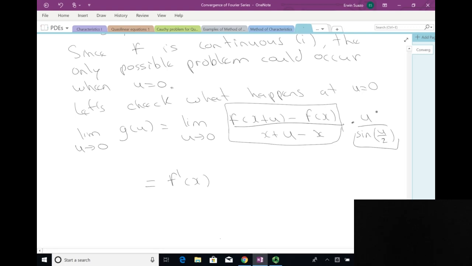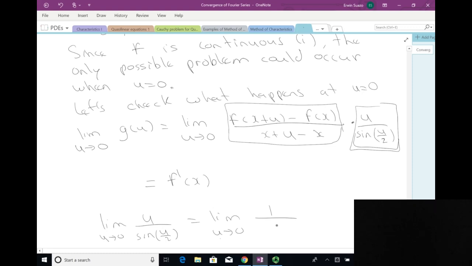So let's find the next limit. What is this limit? If I plug in 0, I get 0 over sine of 0, which is 0, so 0 over 0. How do you find the limit? You find the limit by L'Hopital's. So to find the limit of u over sine of u over 2, u goes to 0, by L'Hopital, this is the limit of u goes to 0, and the derivative of u is 1.